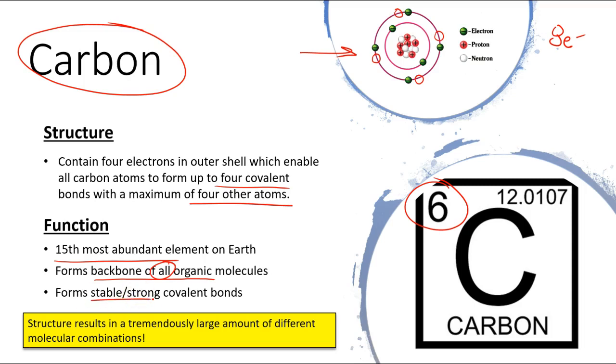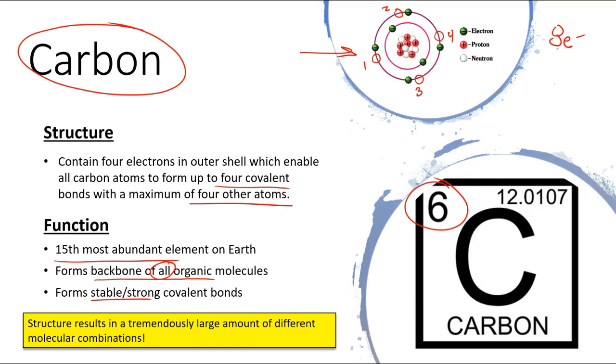And carbon is really good about forming strong and stable covalent bonds. Again, it can form up to 4: 1, 2, 3, and 4 total bonding sites. Now, carbon can form double bonds, single bonds, and triple bonds. It really is a unique atom in that it is very diverse in the number of bonds and the types of atoms it can bond itself to.